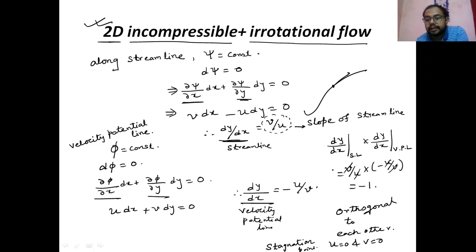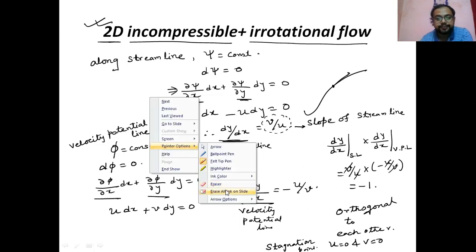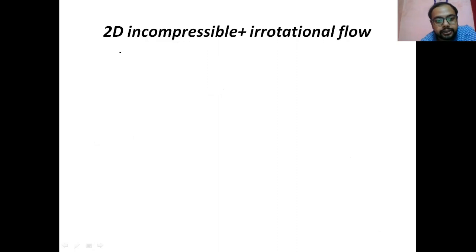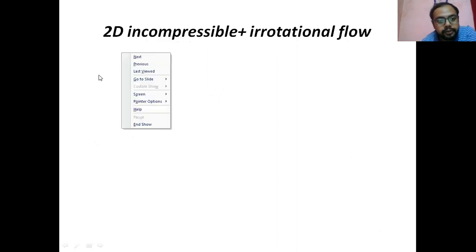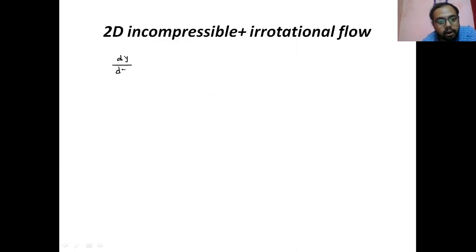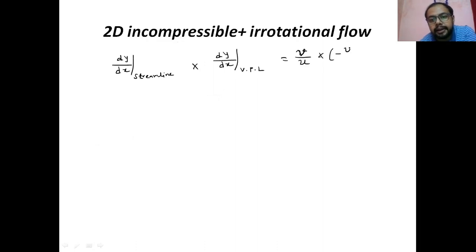So we can write this equation one more time. The slope of a streamline into the slope of a velocity potential line is equal to, the streamline slope is v by u, and the velocity potential line slope is minus u by v.